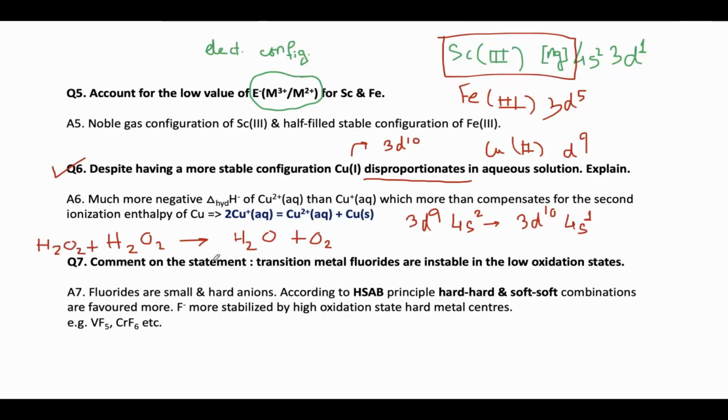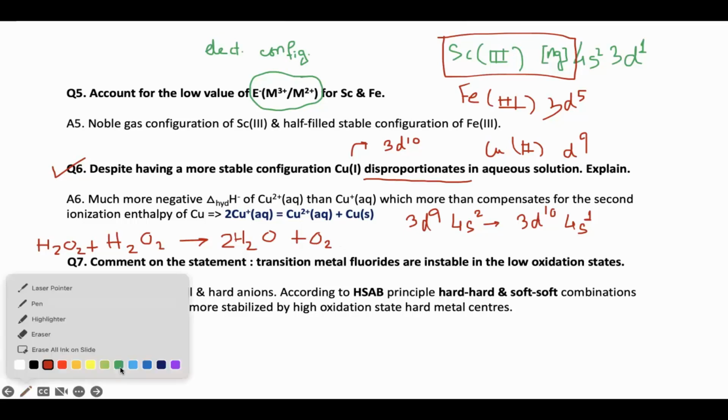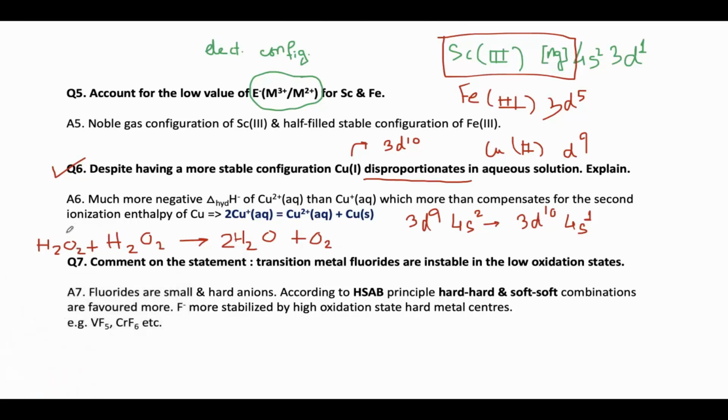In this case, the situation can be explained here. Let us balance the equation first. 2 moles of H2O2, which I have divided into 2 separate moles of H2O2 to show which one is getting reduced and which one is getting oxidized, produces 2 moles of water and 1 mole of oxygen. Now you can see in H2O2, the oxidation state of oxygen is -1.